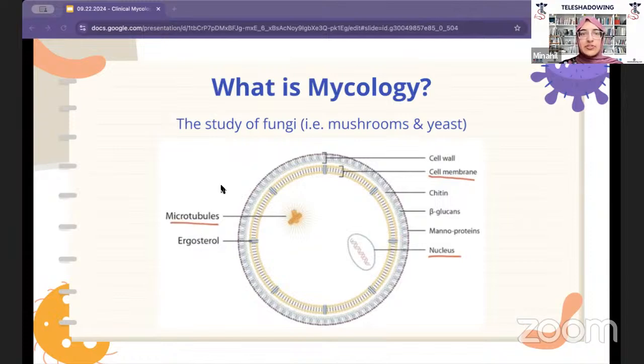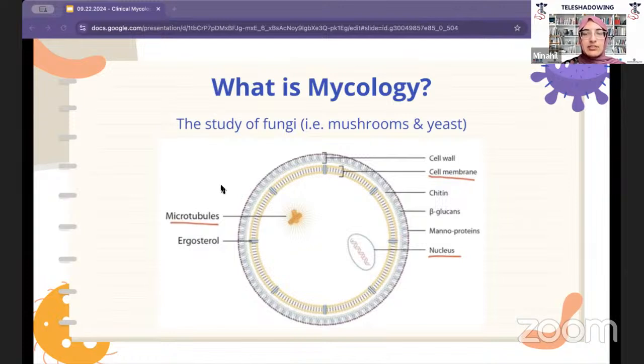It has a similar structure to cholesterol in human cell membranes and also has a similar function. If you remember from cell bio classes, cholesterol provides structure and support to the cell membrane. So ergosterol does the same thing for fungal cell membranes.